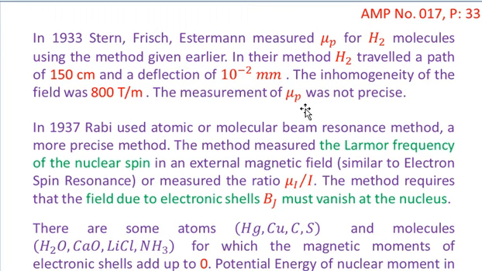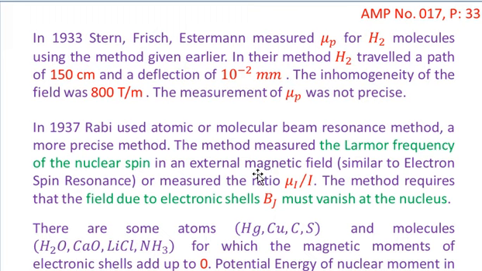Either we measure mu p, or we can measure the ratio mu I over I, where mu I is the magnetic moment of the nuclear spin and I is the nuclear spin quantum number. So the ratio can also be determined in those experiments. The method requires that the field due to the electronic shell Bj must vanish at the nucleus.